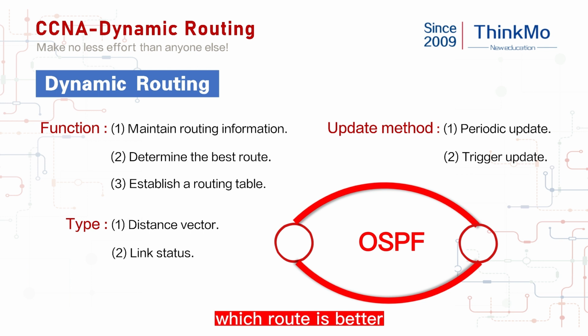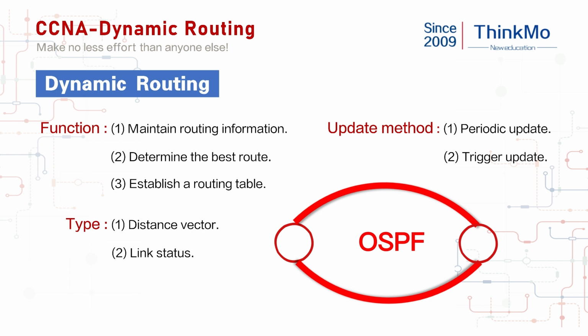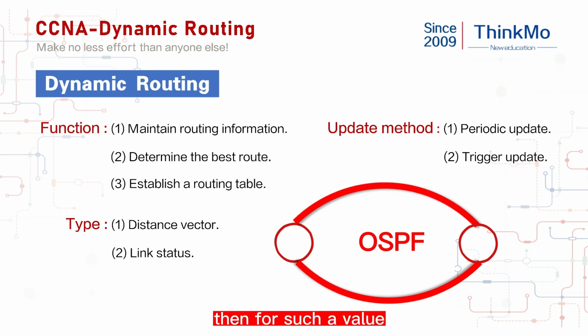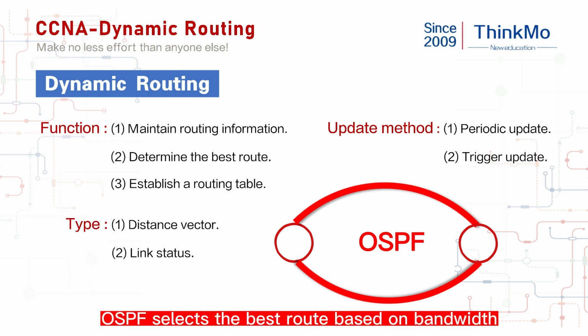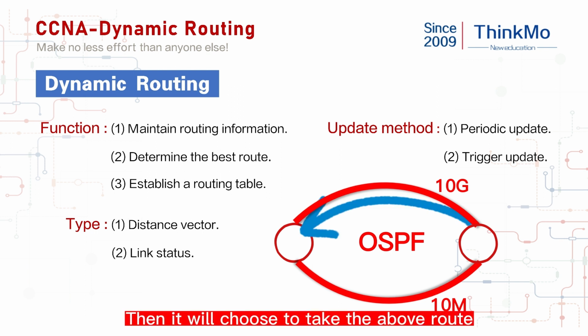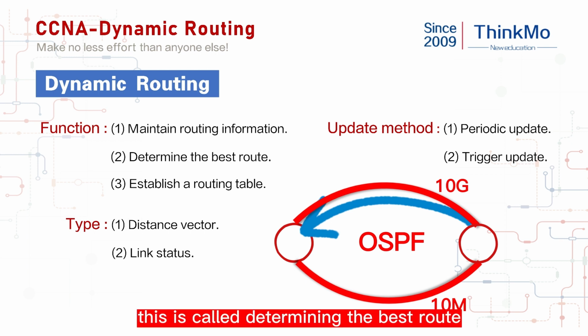Since the routing protocol is the same, the administrative distance is definitely the same, so we only compare routing metrics, which are calculated differently by each protocol. OSPF selects the best route based on bandwidth. Suppose the upper line is 10G and the lower line is 10M. Then it will choose the upper route, because the upper bandwidth is larger. This is called determining the best route.